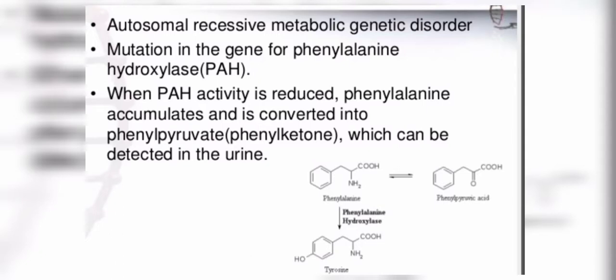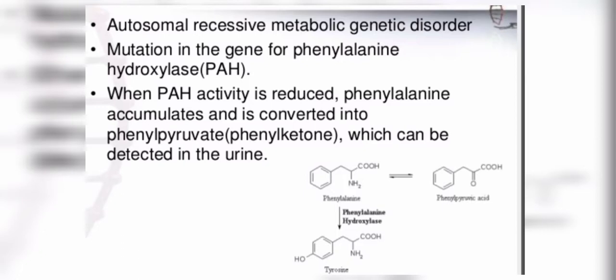And this disorder is caused due to mutation. We know mutation means sudden changes in the gene. This mutation has occurred in the gene that codes for an enzyme called phenylalanine hydroxylase. This enzyme is needed for the conversion of the amino acid phenylalanine to tyrosine.